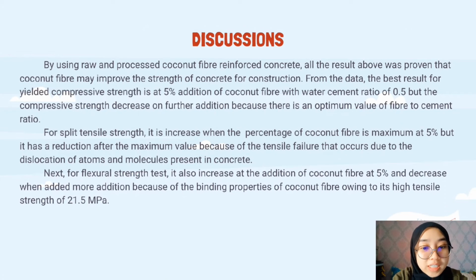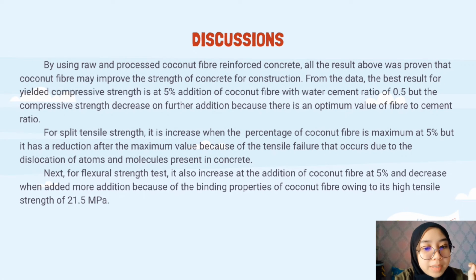Okay, so for discussion, from the data, the best result for yield compressive strength is at 5% addition of coconut fiber with water cement ratio of 0.5, but compressive strength decreases on further addition because there is an optimum value of fiber to cement ratio.